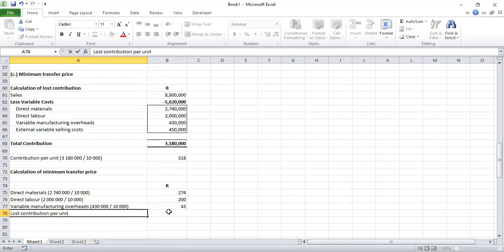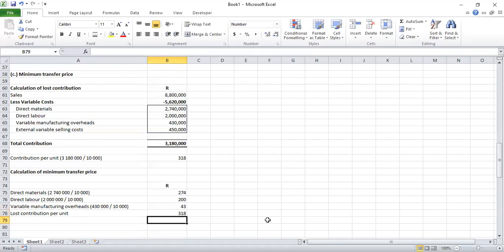Another thing, if you see here, I didn't calculate the total loss, what we did last time, to say 318 times the 4,000. I didn't do that. Why? Because all the units are coming from the external market. So our lost contribution per unit will be exactly equal to the contribution per unit. But if there's some excess capacity, that's when we first calculate the total lost contribution and then divide it by the number of units in the order.